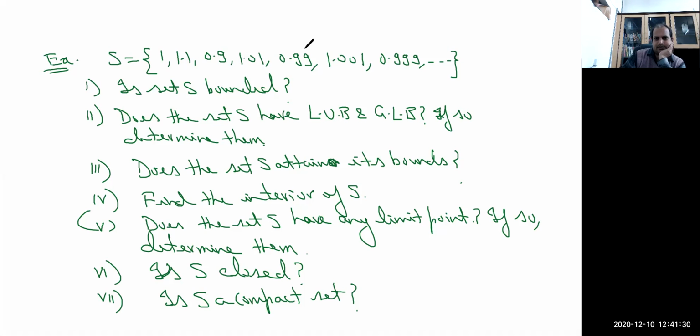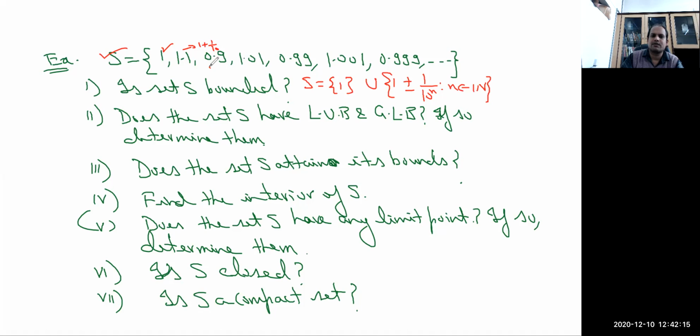Now look at the set S here. Basically, we can write this set as S equal to 1, the first element, and after this each element can be written in this format, 1 plus or minus 1 by 10 raised to the power n, where n belongs to the set of natural numbers. 1.1 can be written as 11 by 10, or 1 plus 1 by 10.